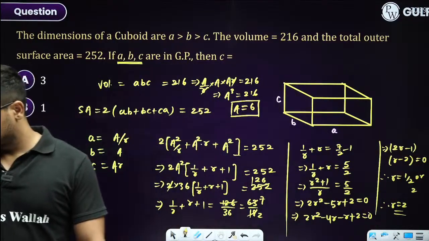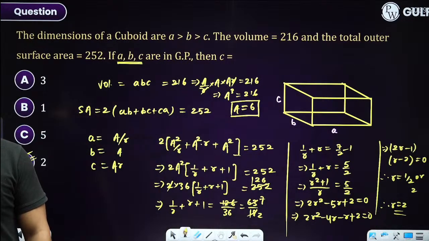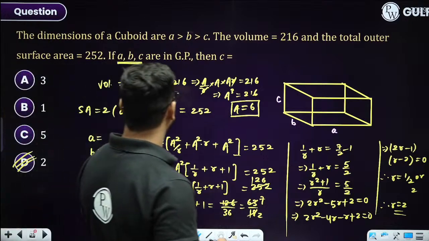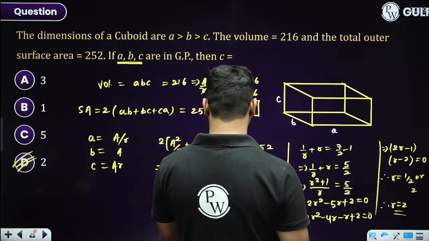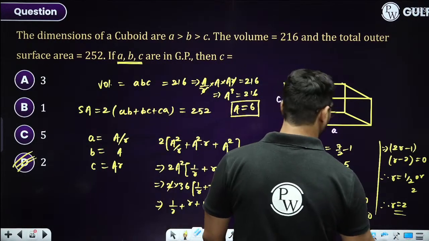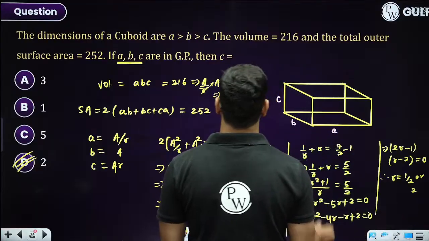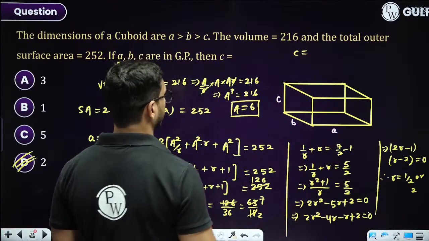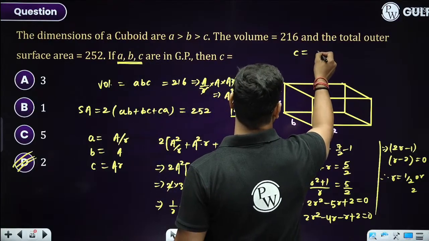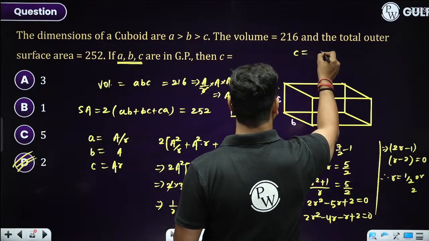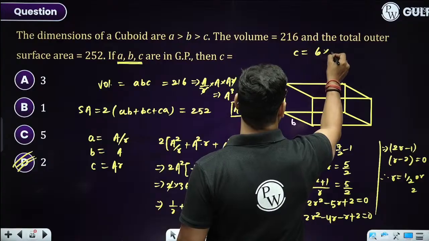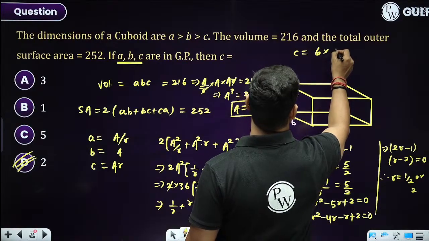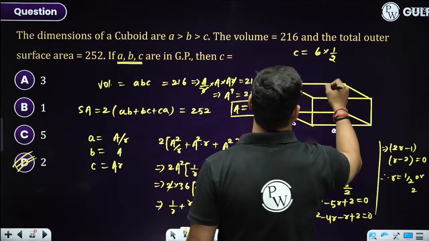We have to find C. We got R, so C is what? C we assumed AR. So C is AR, where A is 6 into R. R is 1 by 2 or 2.